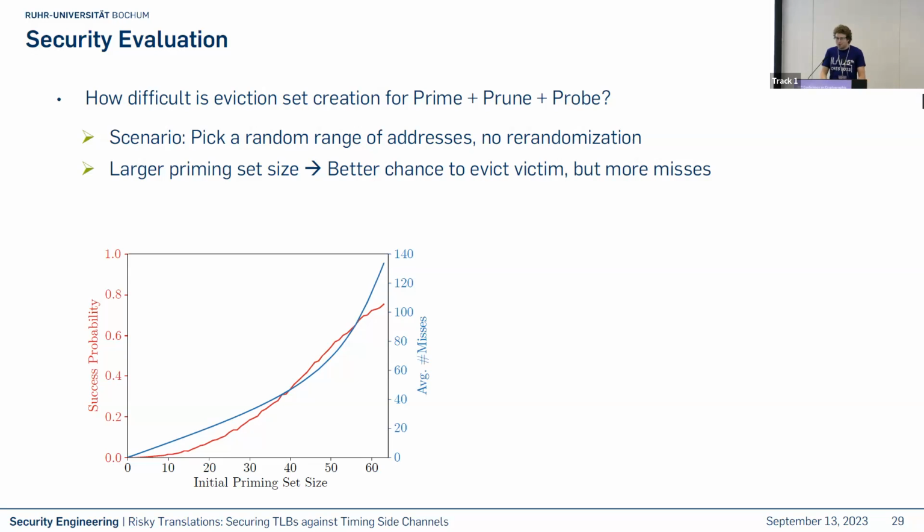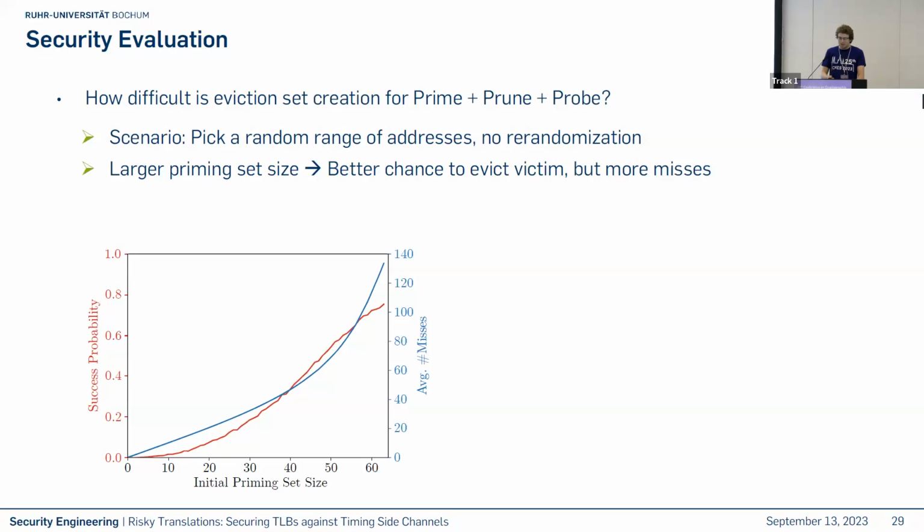But what you should also notice is that the miss curve is exponential. And this is, of course, not very good for the attacker. If he uses a priming set size of 60, he will quickly rise over a threshold, and that's no good. So this creates a situation for the attacker where he would like to use a large set, but he can't. He needs to trade success probability for misses.